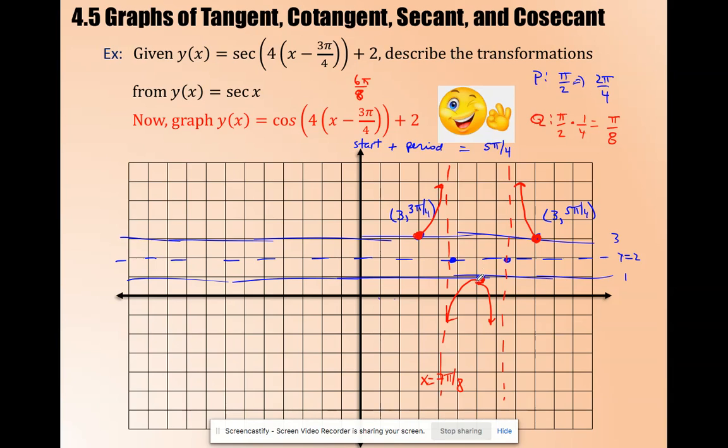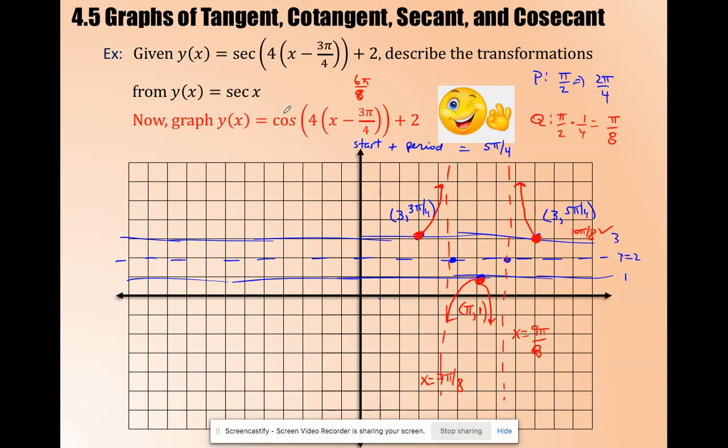This maximum on secant is at 8 pi over 8, comma, boundary. The next vertical asymptote is at 9 pi over 8. And then the next point is at 10 pi over 8, which is 5 pi over 4, which is a check for myself.